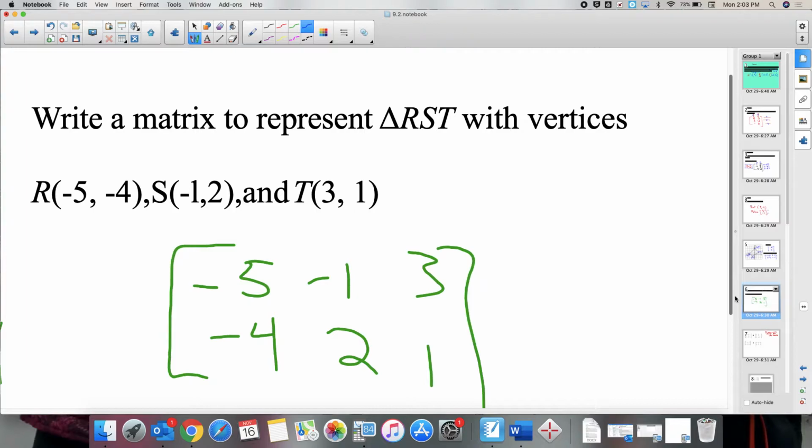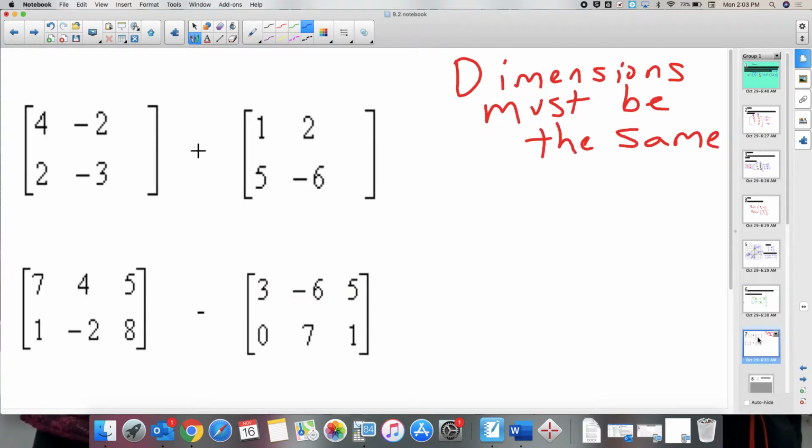Now, there are different operations you can do with your matrices. You can add them, you can subtract them, we can multiply them. And they have different rules depending on what you want to do. Adding and subtracting have one set of rules. To add or subtract your matrices, your dimensions must be the same. So if I have a 2 by 2 matrix, it can only be added with another 2 by 2 matrix.